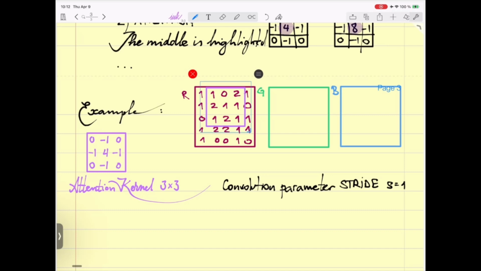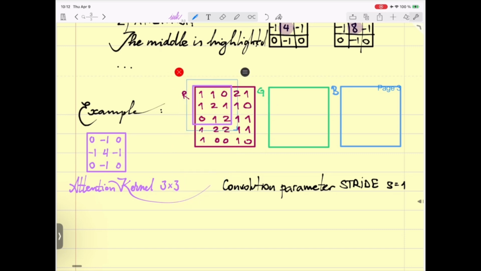And once we have done this, we move it again until we hit the end of the image. Once we hit the end of the image, we move 1 down, multiply again, move it again, move it again, 1 down, move it again, until we're done with our convolutional window.